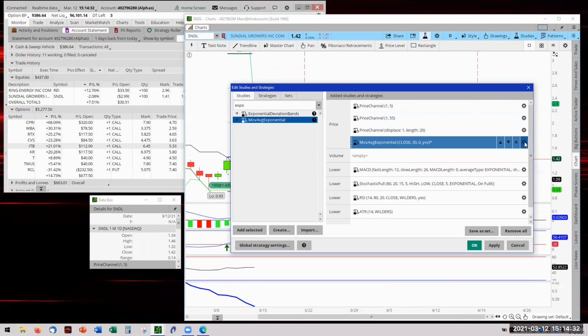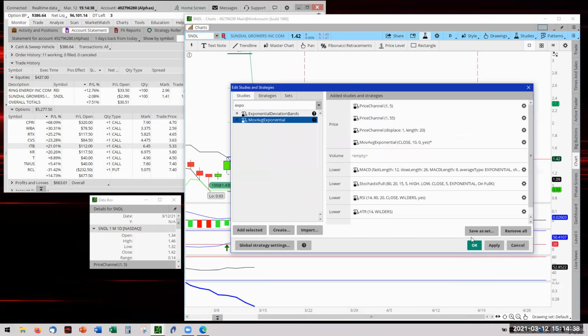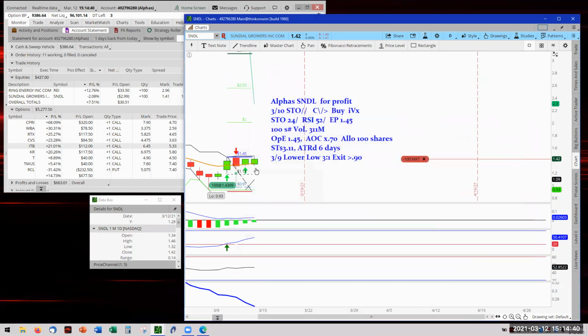Come to the gear and change this to 10. And okay, apply. Okay, we're done. And we're now using the 10-day EMA as a point of trend and optional, not trading criteria. Okay, so that is the conclusion for the penny stocks.